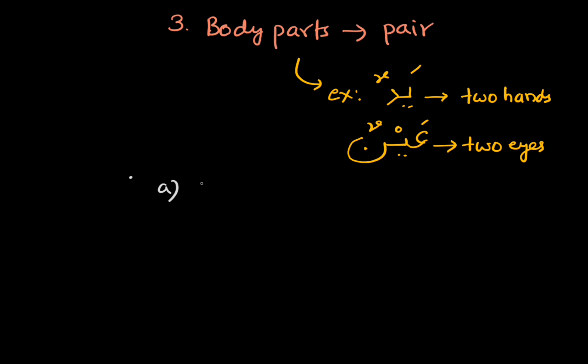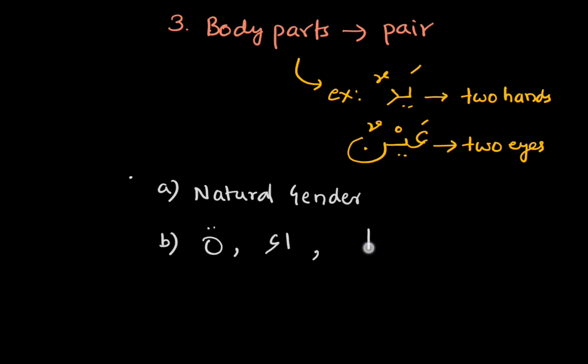In short, the first way is natural gender. The second is nouns ending with ta marbutah, alif mamduda, and alif maqsura. Those nouns ending with these signs are also feminine nouns. The third way of identifying a feminine noun is by hearing, where they do not follow a particular rule.